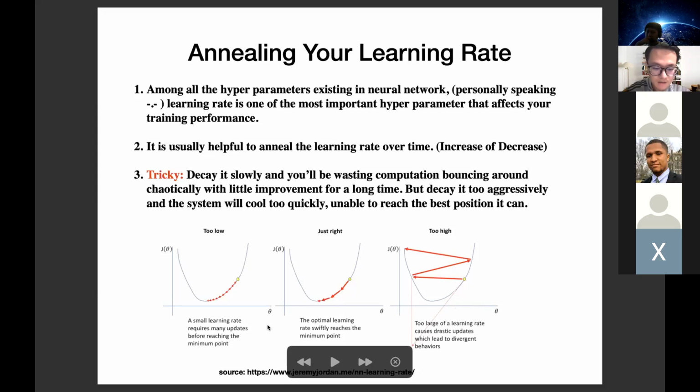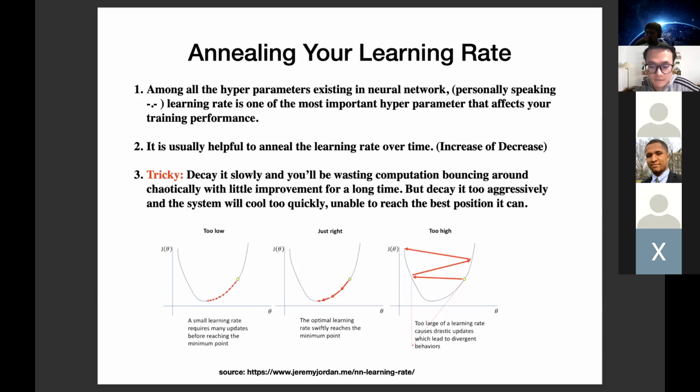In this picture, on the left, you can use a small learning rate. If you use a small learning rate, you will require many updates before reaching the minimum point.